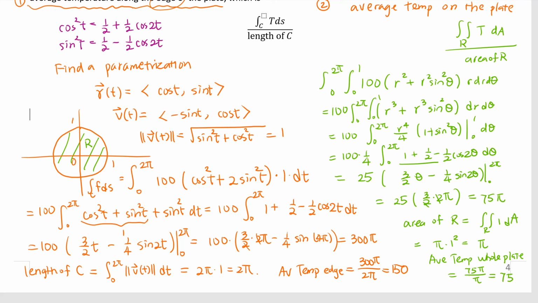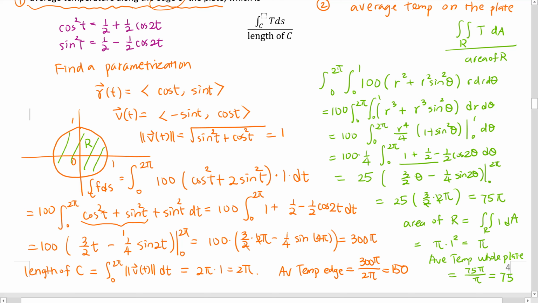So far, so good, everybody. So I hope through this example, you can compare the two different questions. First, average temperature along the edge. The other one is average temperature on the whole plate. So you can compare the two different methods.